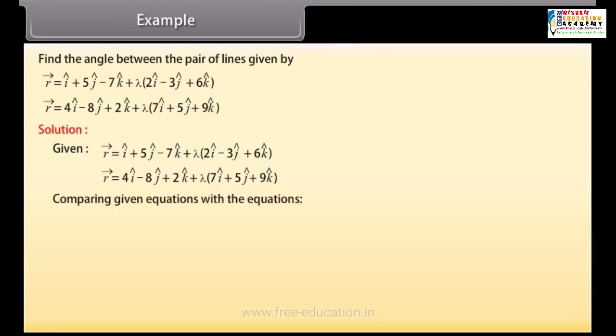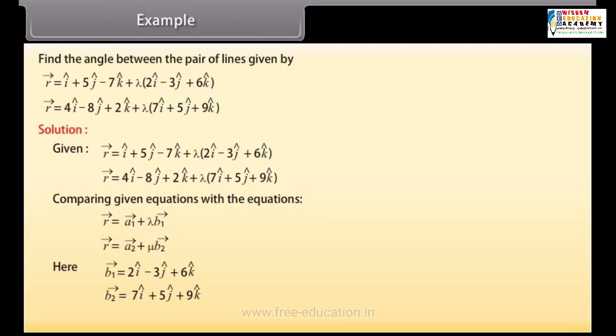Comparing given equations with the equations vector r equals vector a1 plus lambda vector b1, vector r equals vector a2 plus mu vector b2. Here, vector b1 equals 2 cap i minus 3 cap j plus 6 cap k. Vector b2 is equal to 7 cap i plus 5 cap j plus 9 cap k.